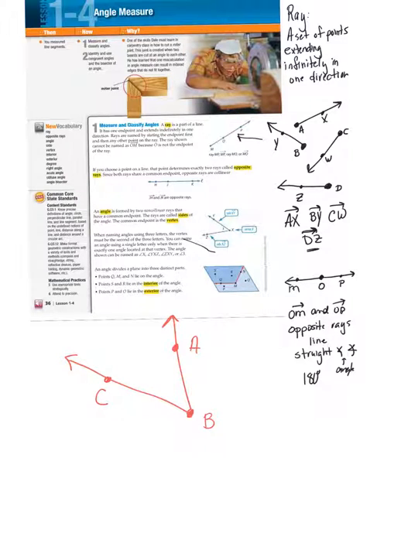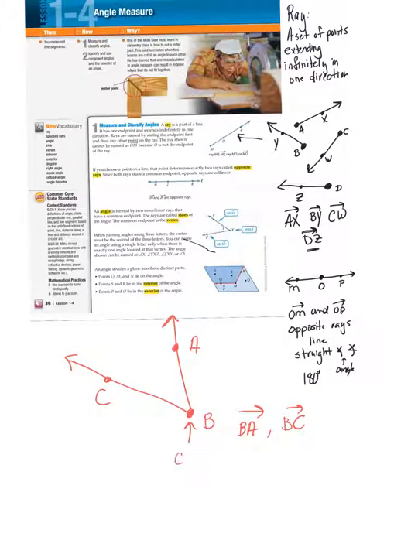All right, this angle is the connection or the intersection of two rays at a common endpoint. See, so I have ray BA and BC intersecting at the common endpoint of B.